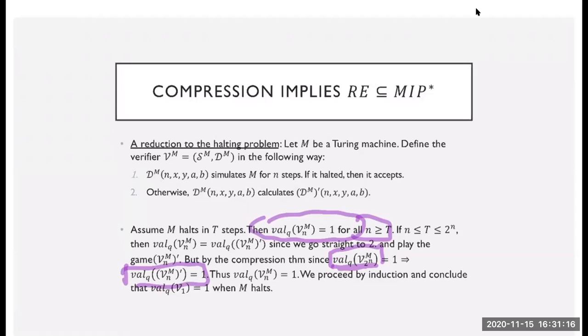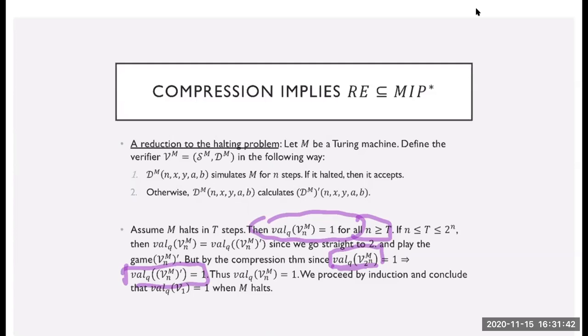But the value of the original nth game we saw now is just the value of the nth game prime, so the new verifier's game, because the original game just tells us do the compression and play the new nth game, so they have the same value.